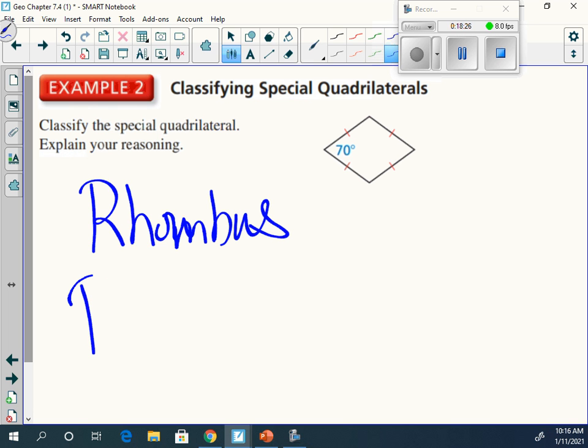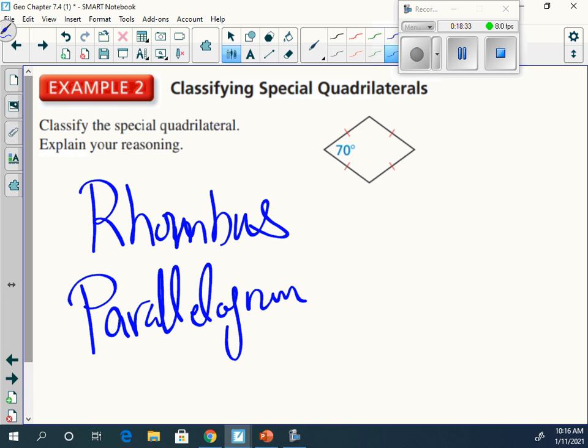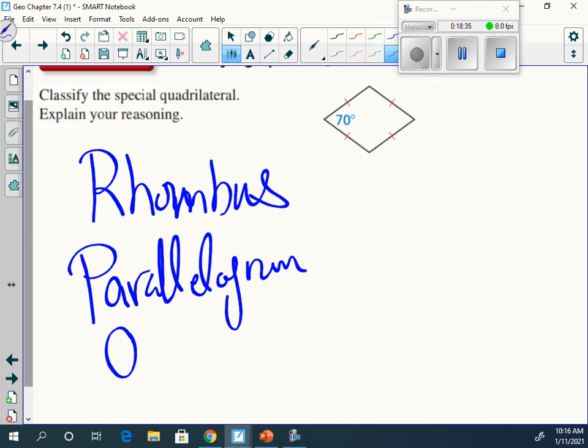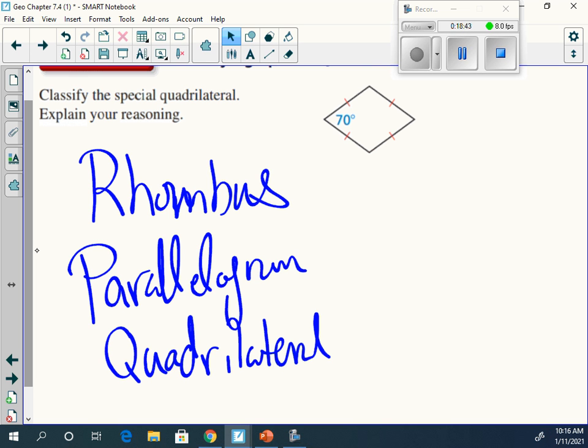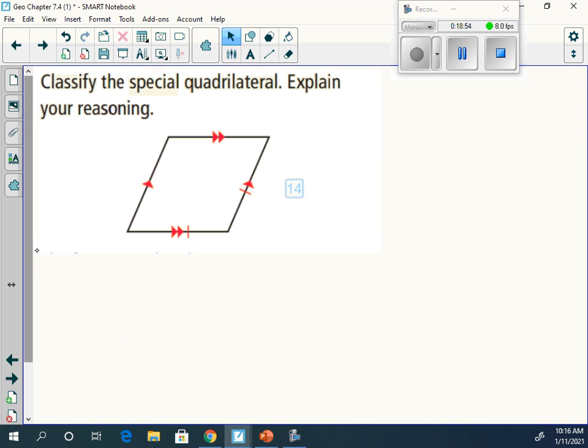Which would mean it would be a parallelogram and also a quadrilateral. And that's it. But the most specific term would be a rhombus. Okay.